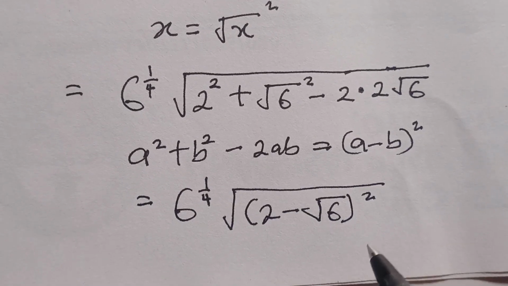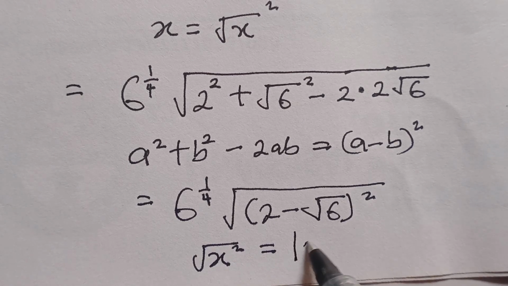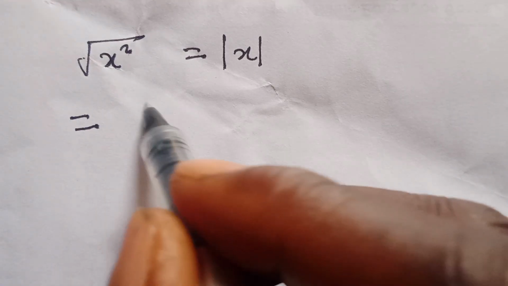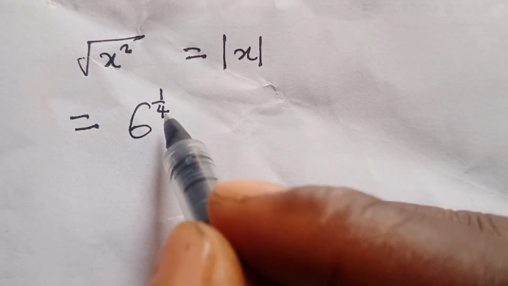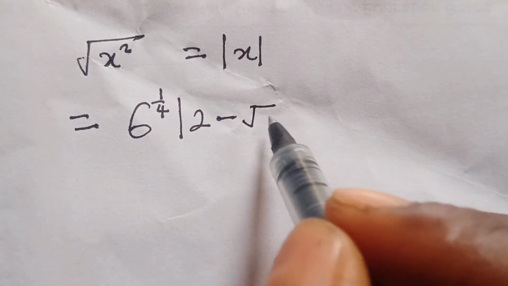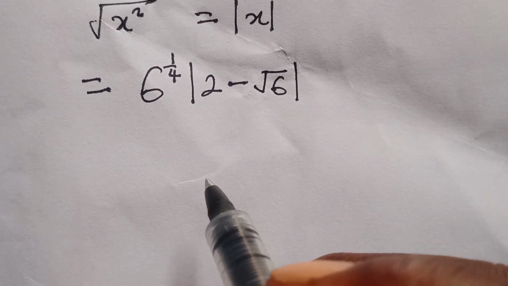It shows that a is representing 2 and b is representing square root of 6. Let's move on. Square root of x squared is simply the absolute value of x, that is this. Now this is equal to 6 raised to power 1 over 4 into the absolute value of 2 minus square root of 6.